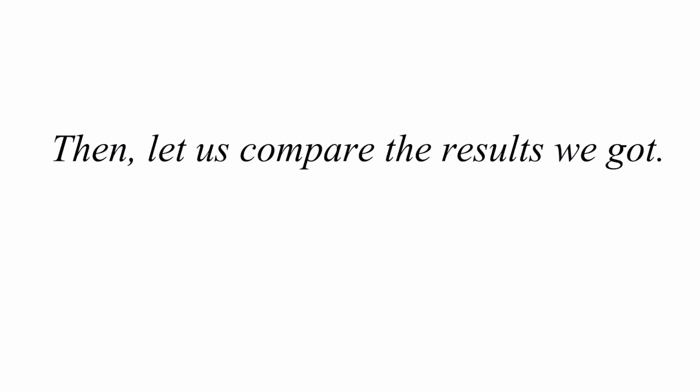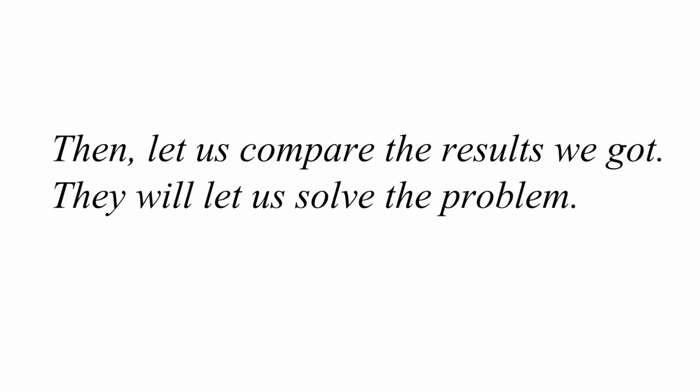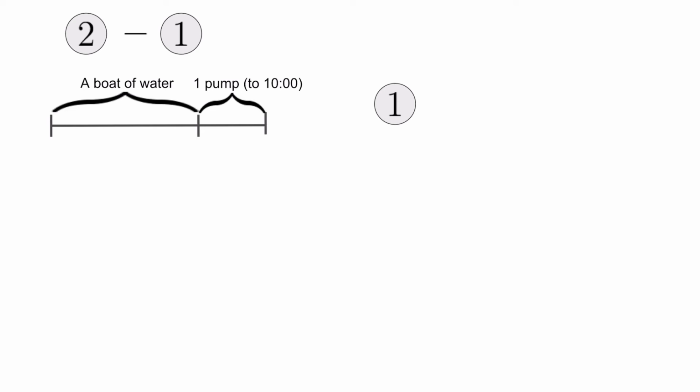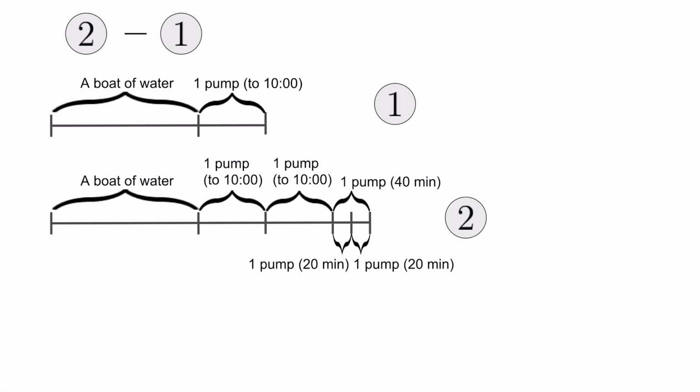Now, let us compare the results we got. They will help us solve the problem. We will subtract case number 1 from case number 2. For reference, this is case number 1, and this is case number 2.